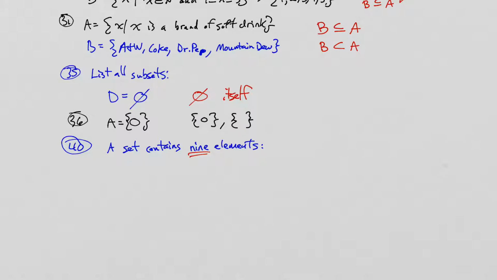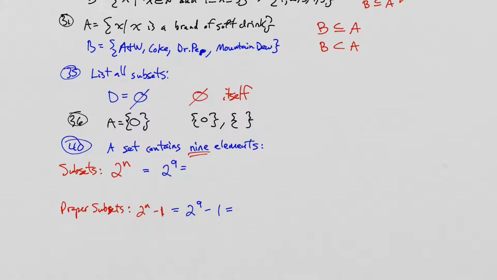Therefore, you're going to use this formula for subsets. That includes itself. And then just subtract 1 for the proper subsets, because you're subtracting itself. So this is going to be 2 to the 9th, and this is going to be 2 to the 9th minus 1.